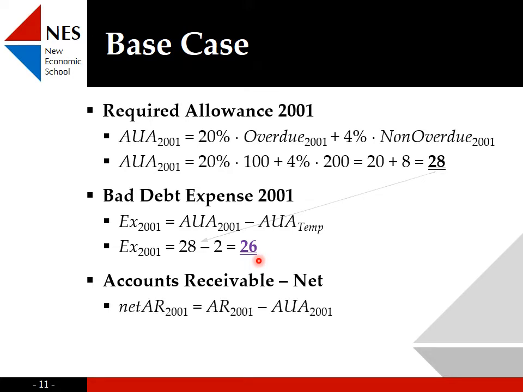Now, what's going to be the net level of accounts receivable at the end of year 2001? Well, we know that the gross receivables are worth 300, and we also know that the new level of allowance is 28. So the net amount of receivables at the end of year 2001 will be just the difference between the two numbers, that is to say 272.